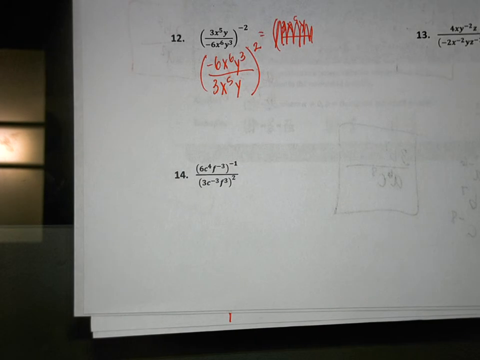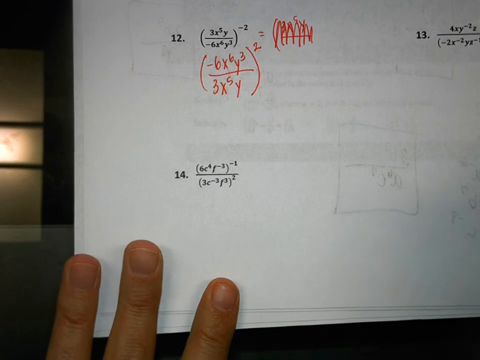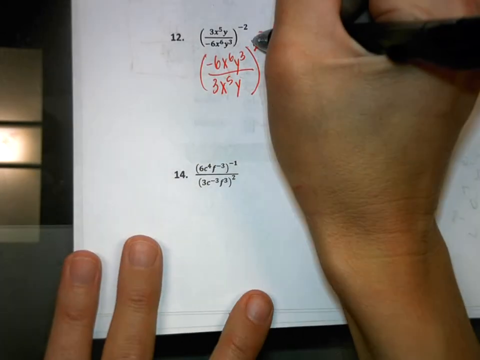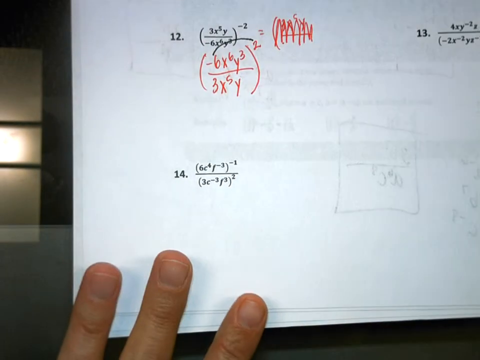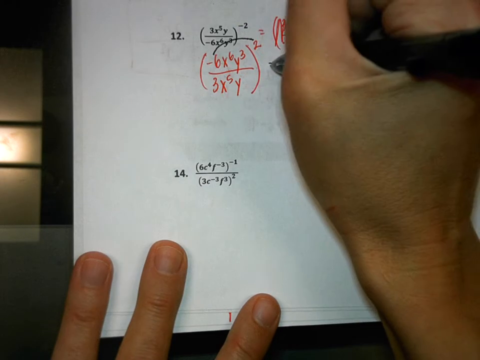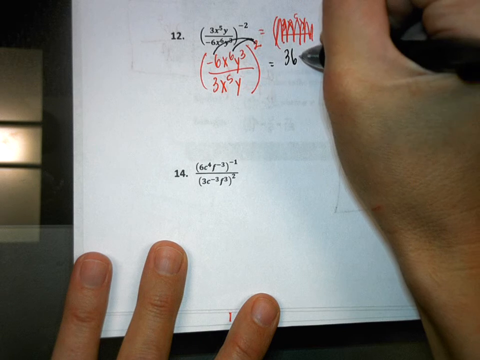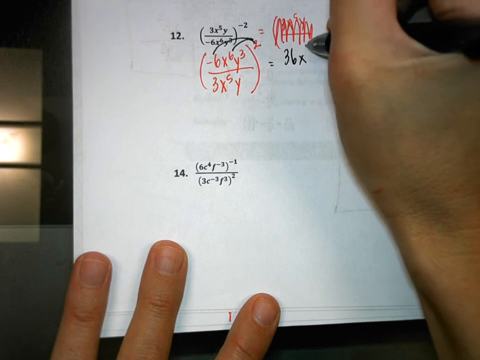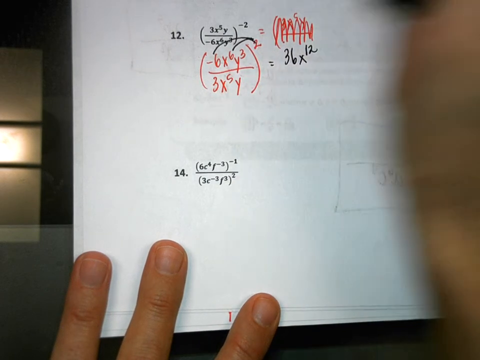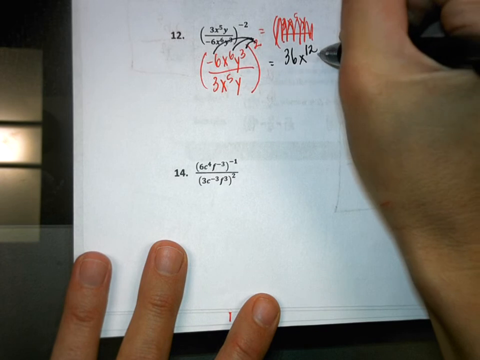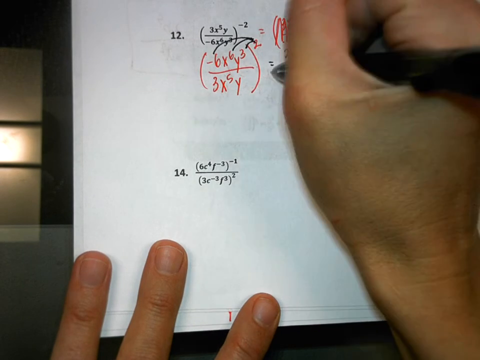Okay, so now what do I do? We're going to simplify by taking that power of 2 to everything inside the parenthesis. So what is negative 6 squared? Positive 36. We're going to get x to the 12th, because powers to powers we multiply. Good. We're going to get y to the 6th over.